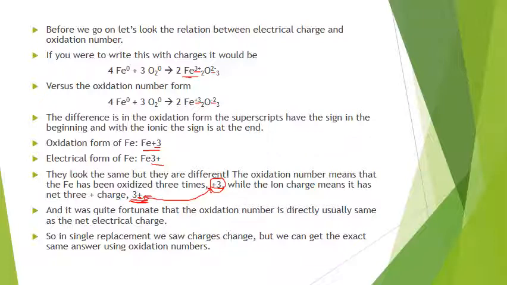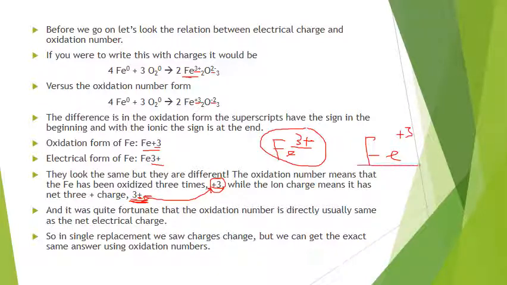A lot of times, when people write ions, they'll write Fe +3. Technically, that's wrong, because this is the oxidation number. Sorry, this is the ionic form, and this would be the oxidation form.